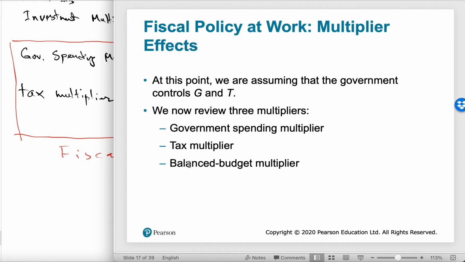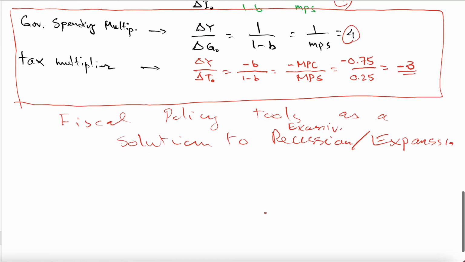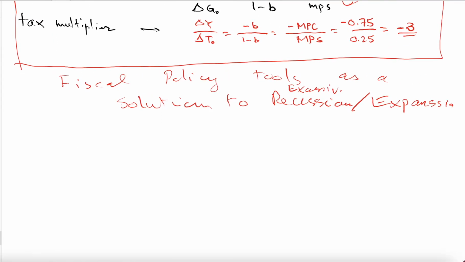This is called balanced budget. If we increase or decrease both tax and spending up or down together, we keep the budget balanced. There's a point to raise here: remember that the budget was the tax minus government spending.